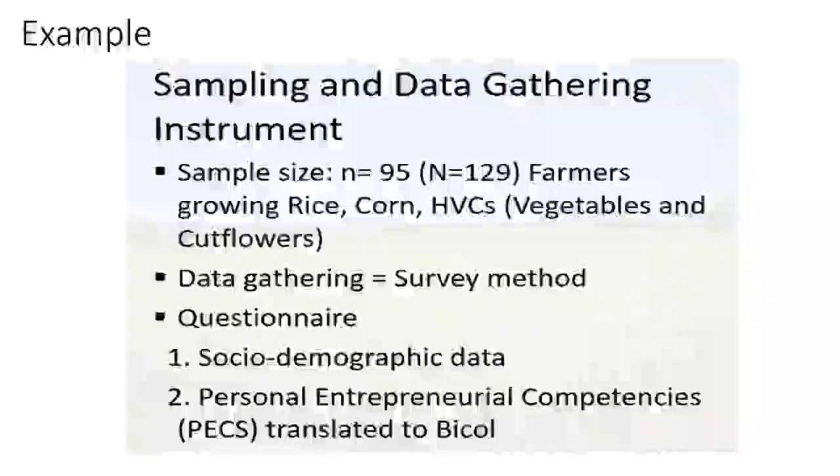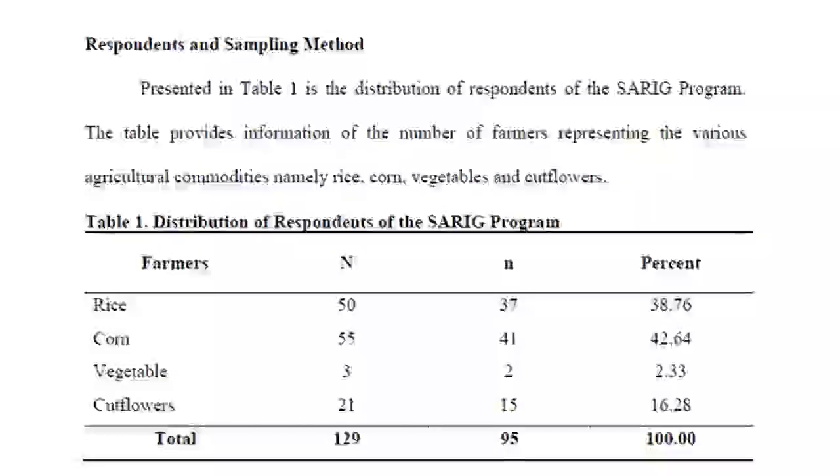In the next slide, we have table 1, the distribution of respondents of the SARIC program. So as mentioned earlier, we have rice farmers, corn, vegetable, and cut flowers. High value crops was divided into 2 strata, namely vegetable and cut flowers.